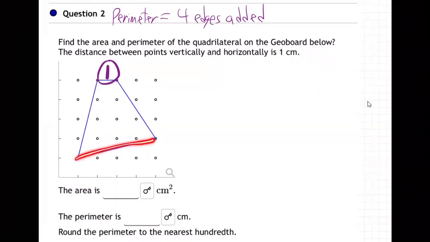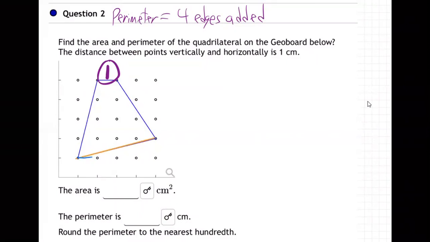But to find the other 3 edges, I'm going to have to use the Pythagorean theorem. Here's what I'm going to have to do. To find this length right here, I'm going to have to use the Pythagorean theorem.